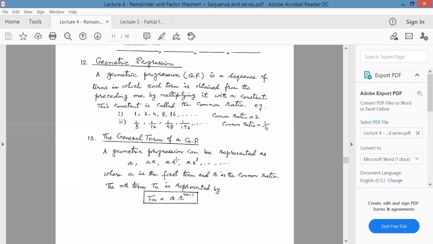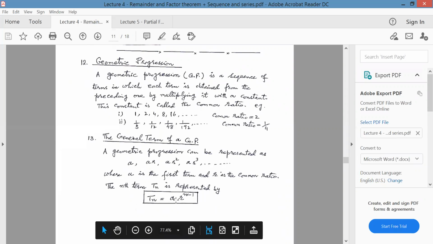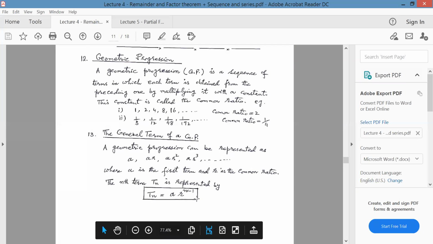You can write 2 as 3 minus 1. This is the 4th term, and this is ar cube. The cube may be written as 4 minus 1 because this is the 4th term. Similarly, the nth term will be ar power n minus 1. So this is the formula for finding the nth term in a GP series: Tn equals ar power n minus 1.